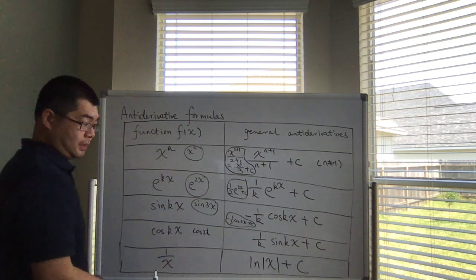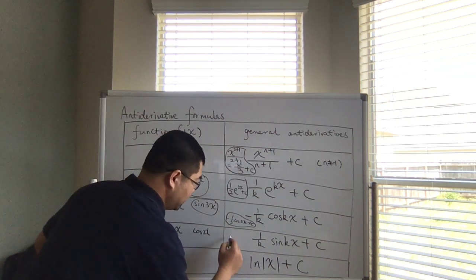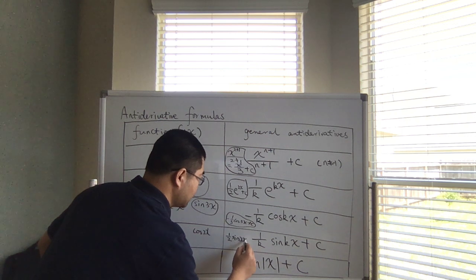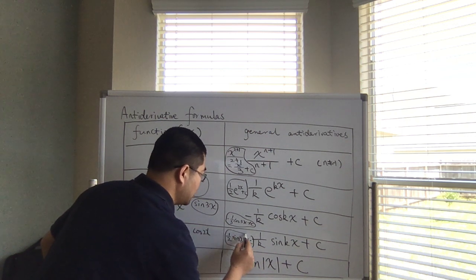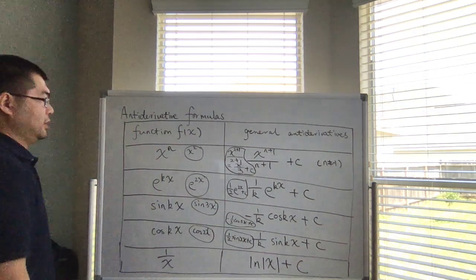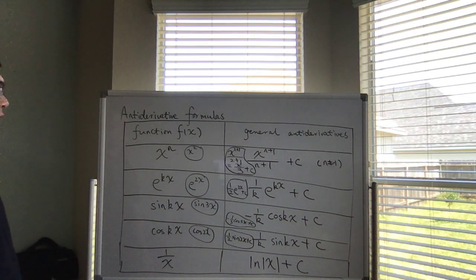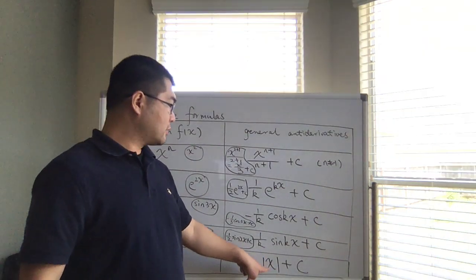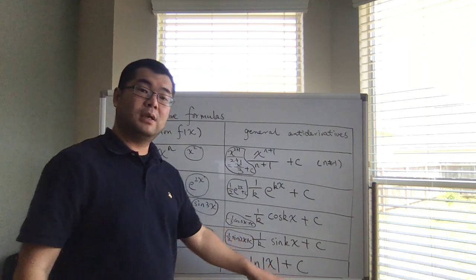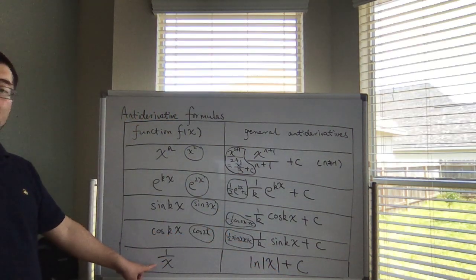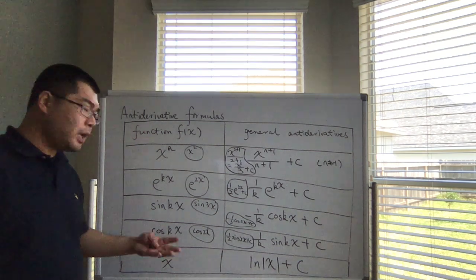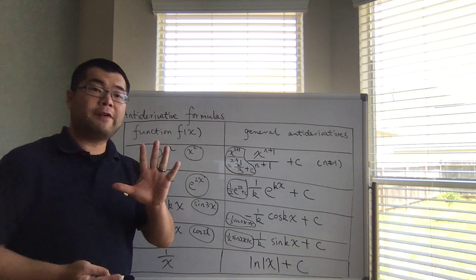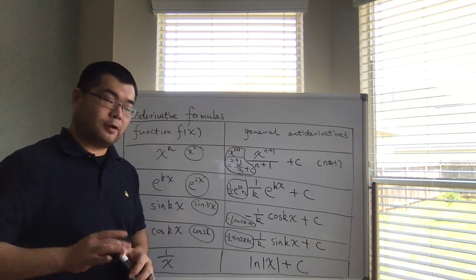Then the antiderivative is going to be 1 over 2 sine of 2x plus the arbitrary constant. And the last one, 1 over x: the antiderivative is going to be ln of the absolute value of x plus constant c. And again, x can be positive or negative, but either way it will work. Okay, so those are the 5 antiderivative formulas.